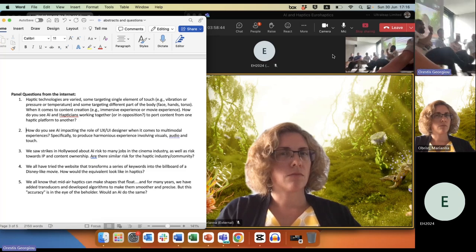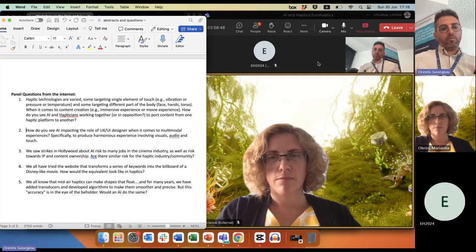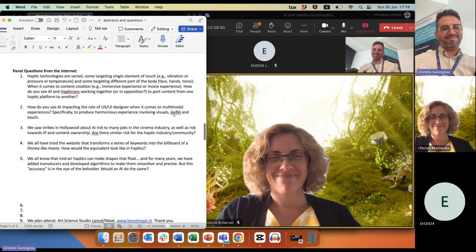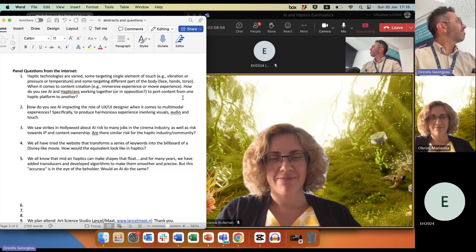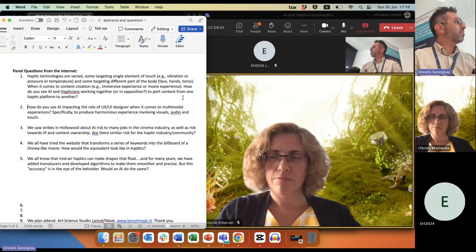So I have a very quick comment. I think one approach is to wait for this standardization. It will be a very long process, but another is that, for example, we try to analyze what the motors of the smartphone can give us in terms of haptics. Apparently, much more than we use.